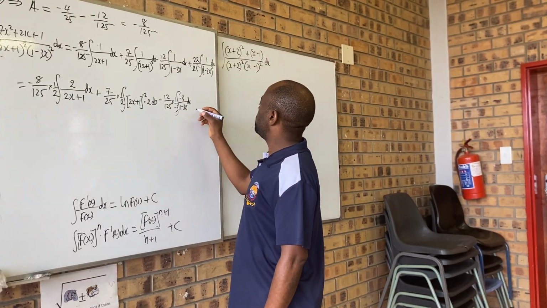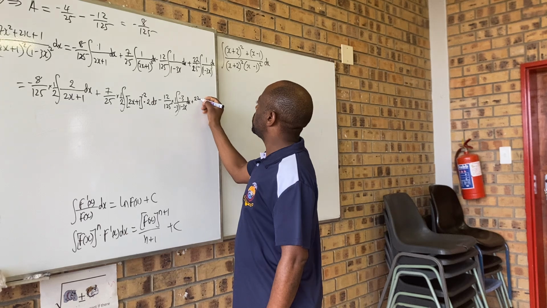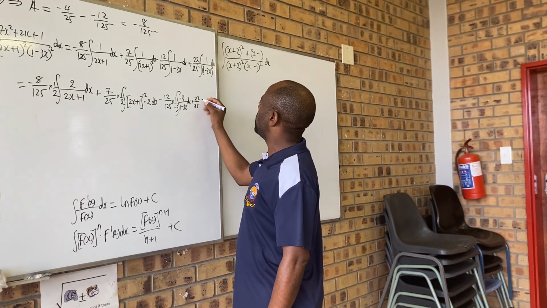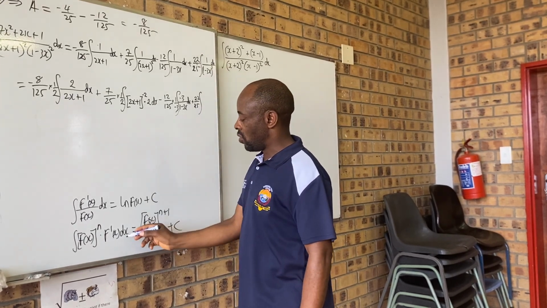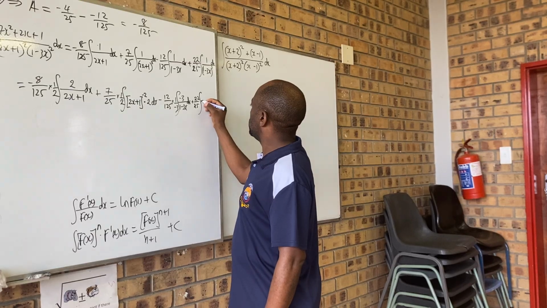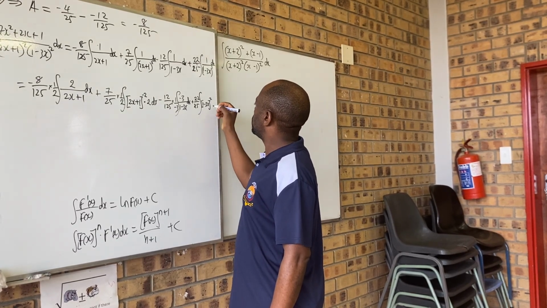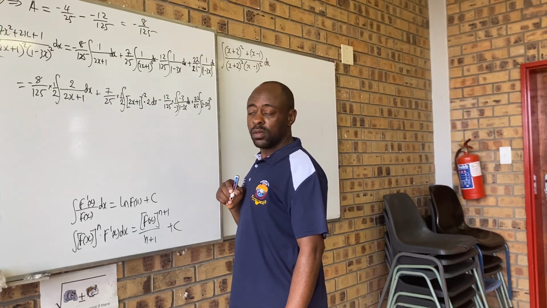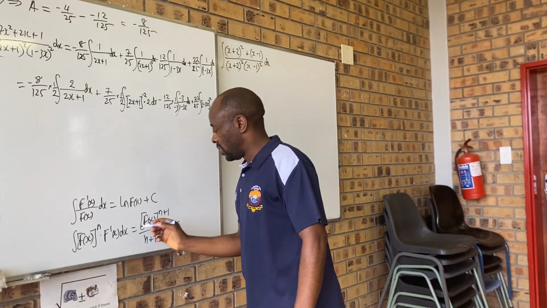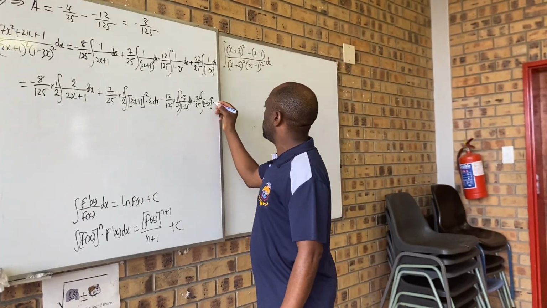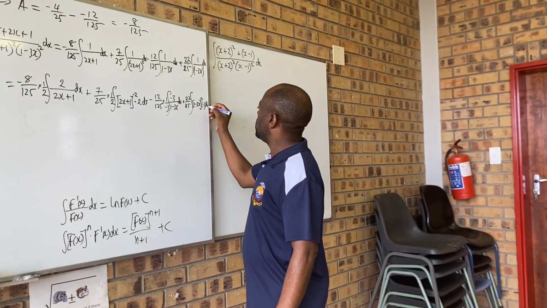And finally, on the last one, 22 on 25, it takes us back to the power. So I will get 1 minus 3x, all this to the power negative 2. Then if I differentiate 1 minus 3x as it is wanted here, it will give me negative 3 dx.